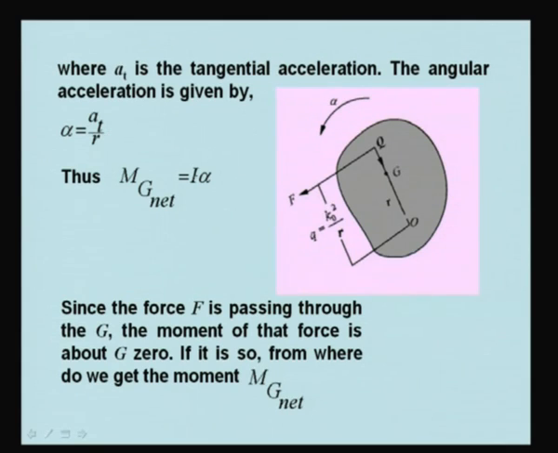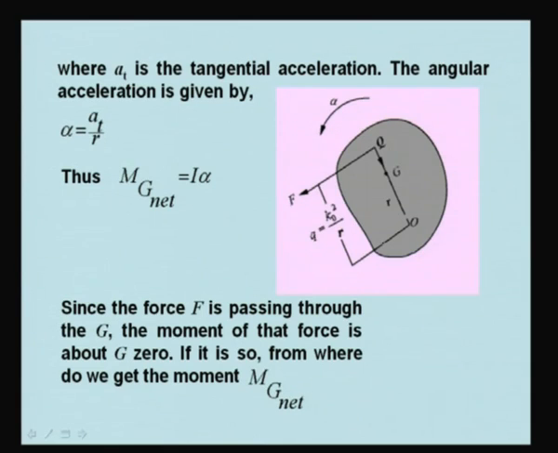So thus you will have M_G net equal to I alpha. Now since the force F is passing through G, the moment of that force about G is zero.